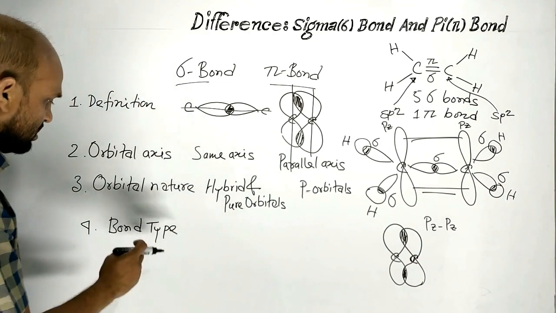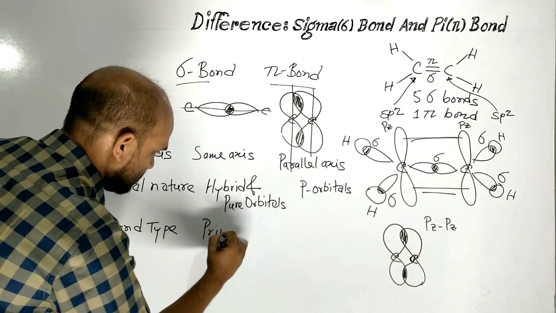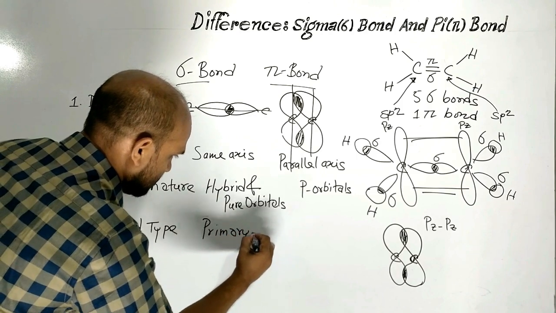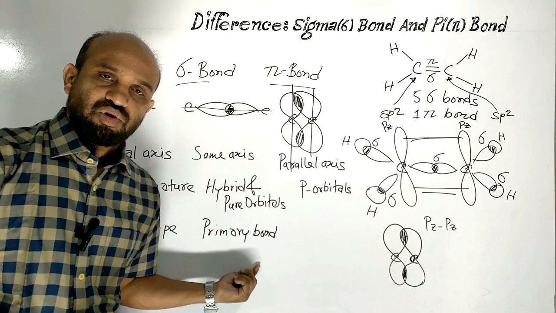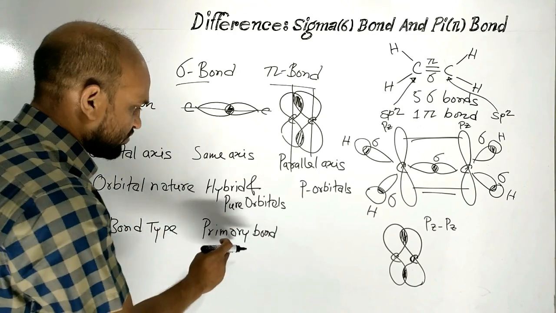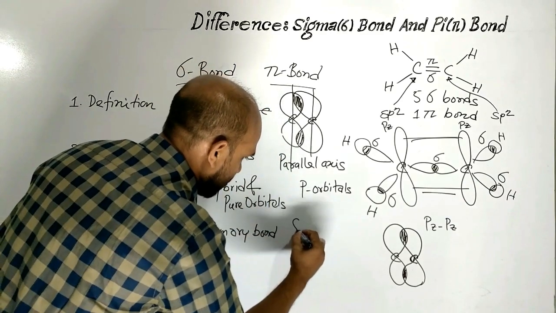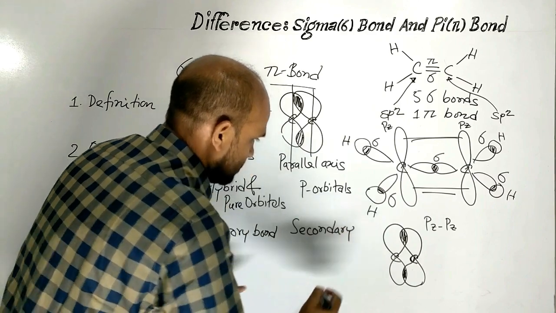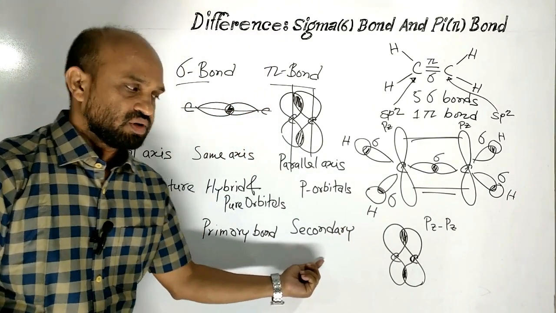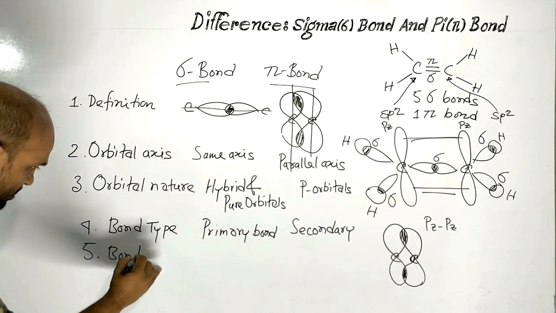That is why sigma bond is a kind of primary bond, because sigma bond is formed first. After sigma bond, pi bond is formed. That is why pi bond is a kind of secondary bond. This is bond type.